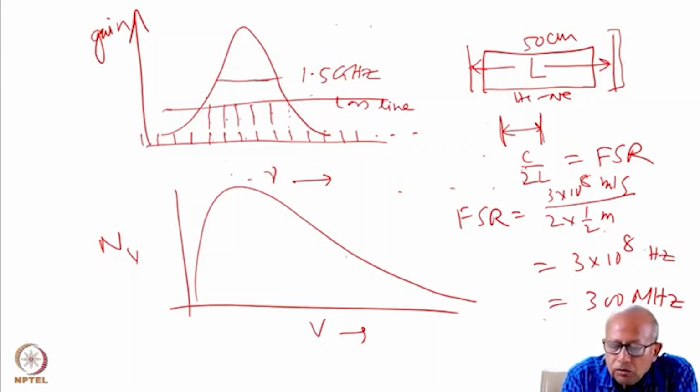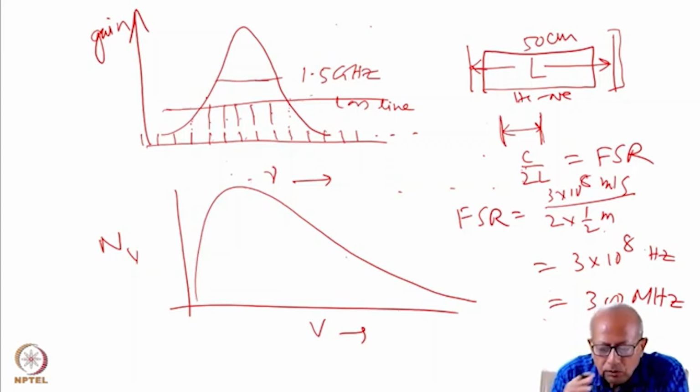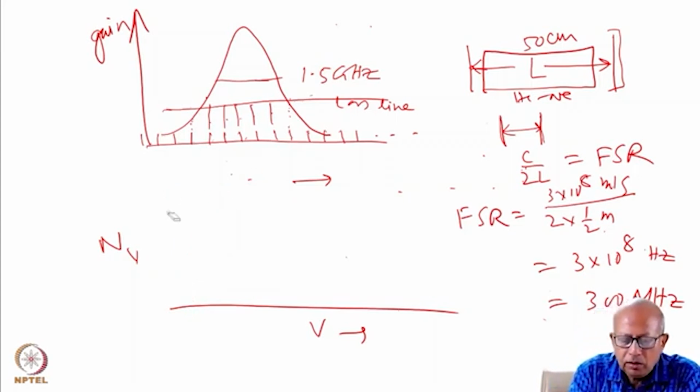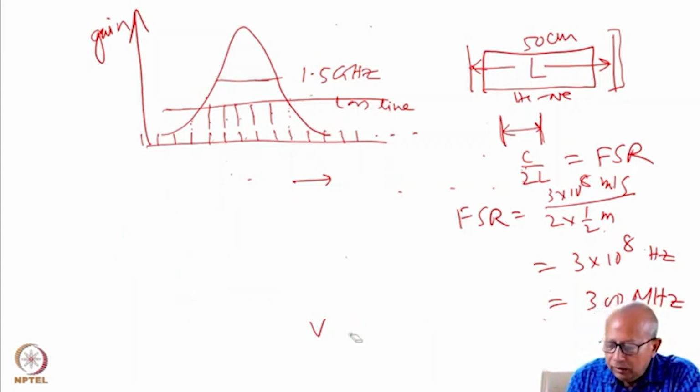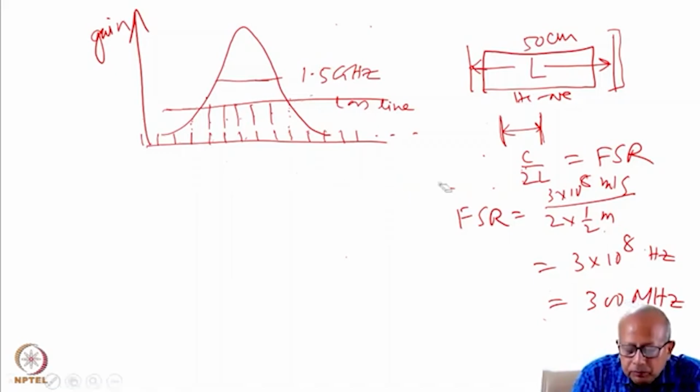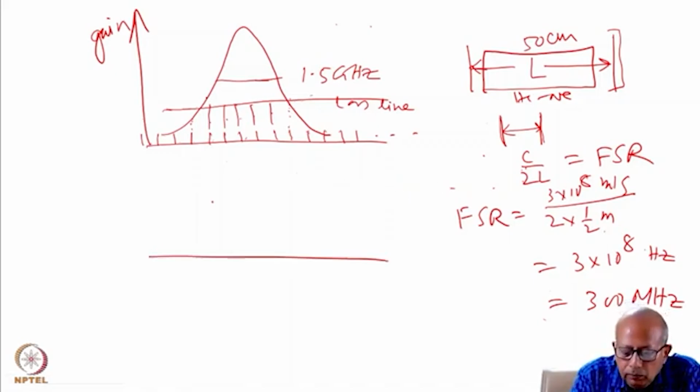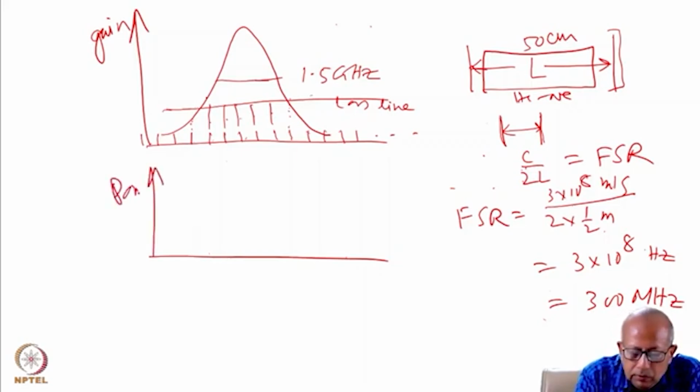This mode does not have any net gain because its loss is more than the gain, and so is this mode. Here it is gain and this is the loss. So the emission of the laser would look somewhat like this. This is the power and this is frequency.